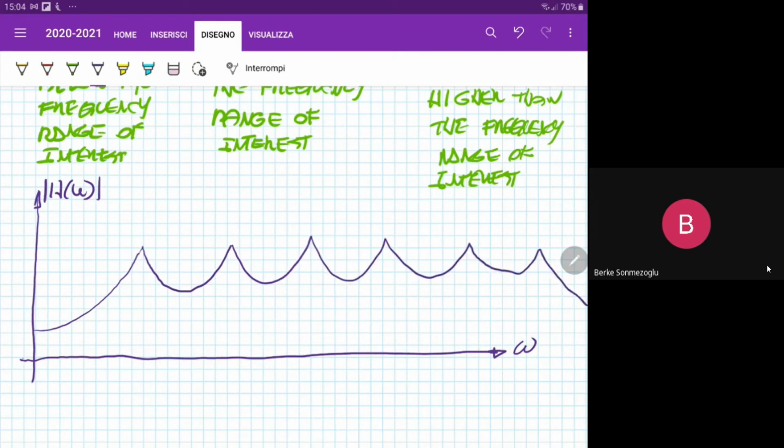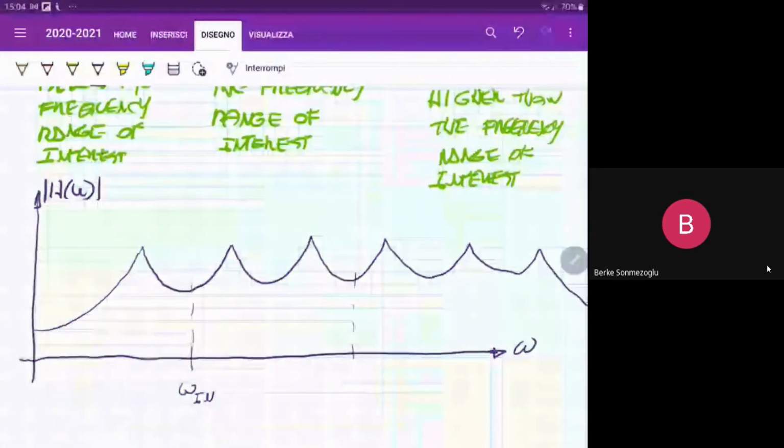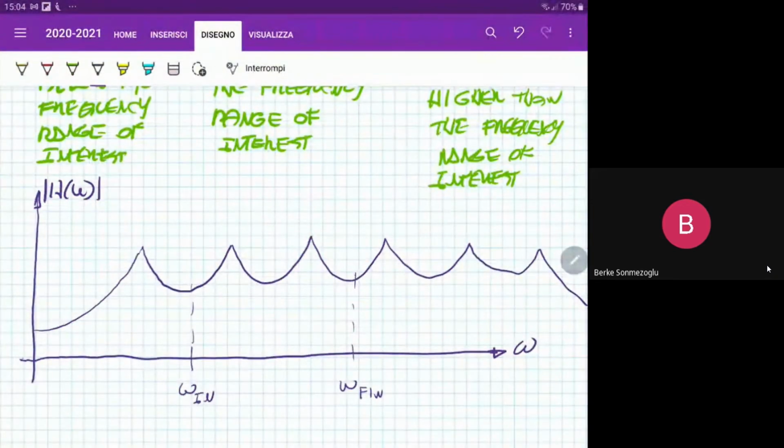For example, let's assume that my frequency range is the one going from this value to these other values, so initial and final.